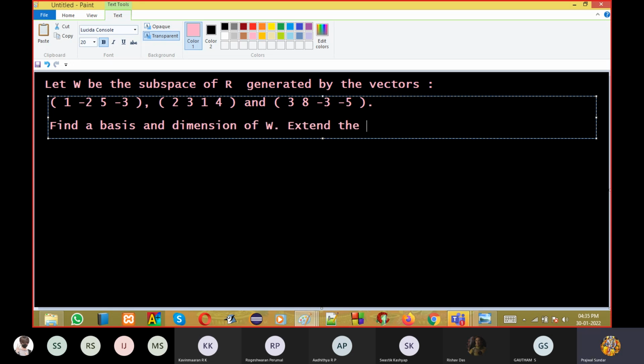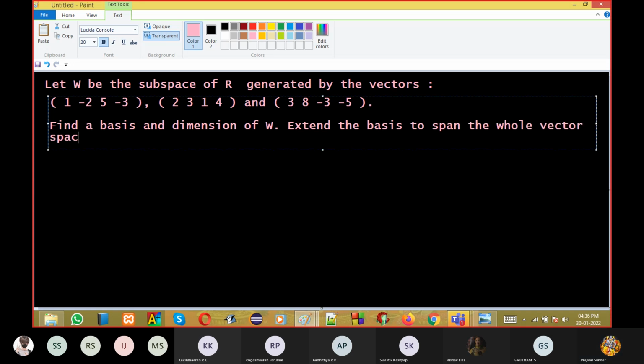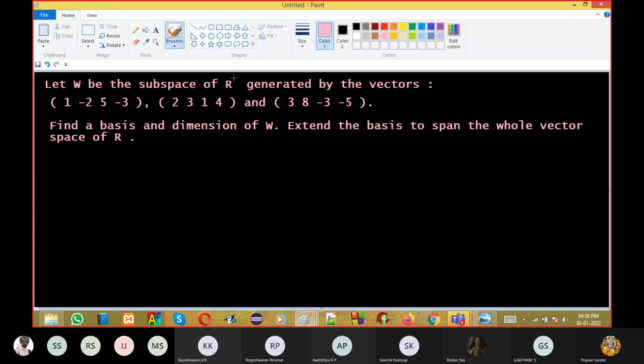The question asked is, find a basis and dimension of W. Look at this very carefully. We have R power 4, which means a 4D space.